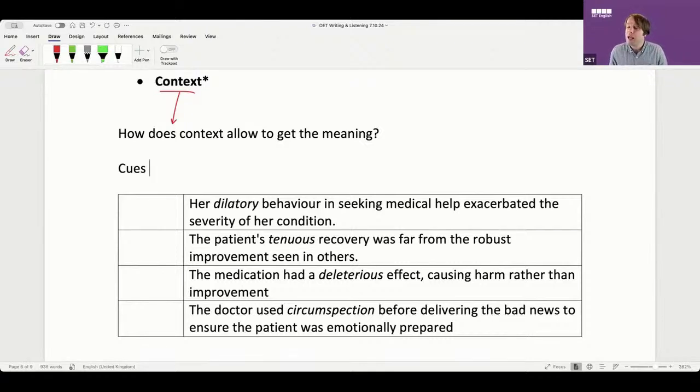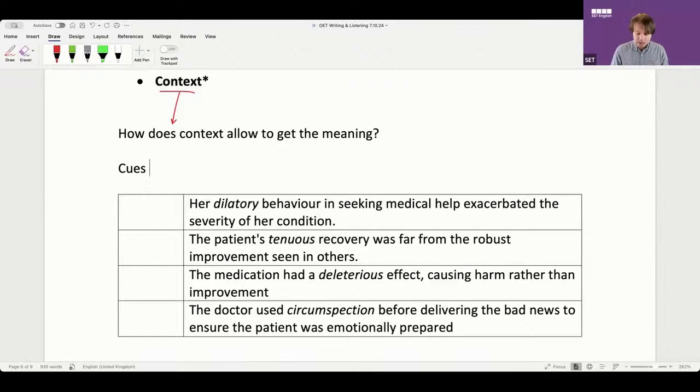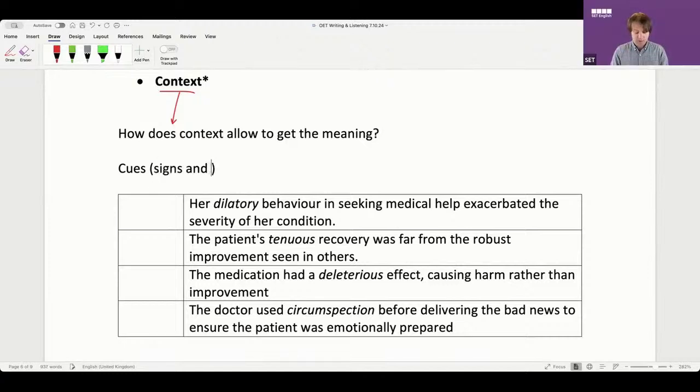What's a clue? Ana Luisa, what's a clue? Medicine, doctors, you guys get clues when you do a consultation, right? Signs and symptoms. So there's going to be signs, but Khalid, I'm interested in what type of signs.